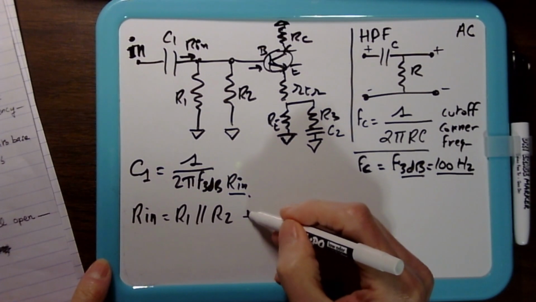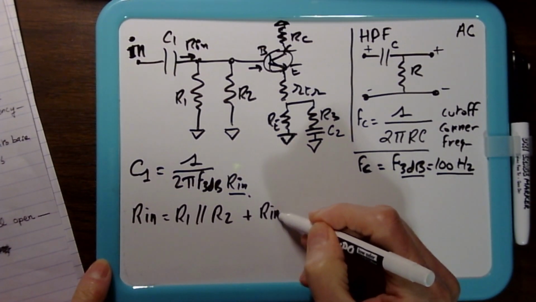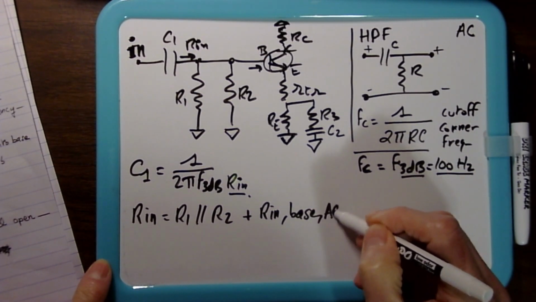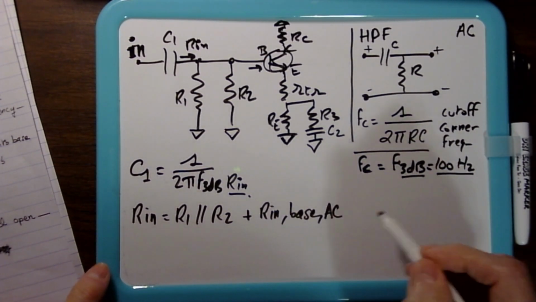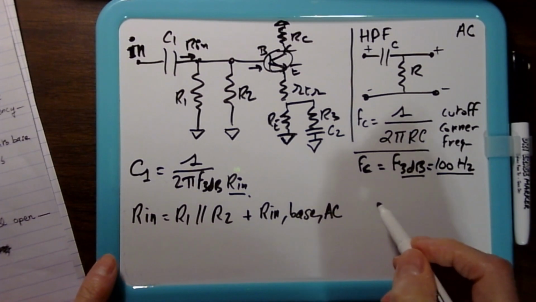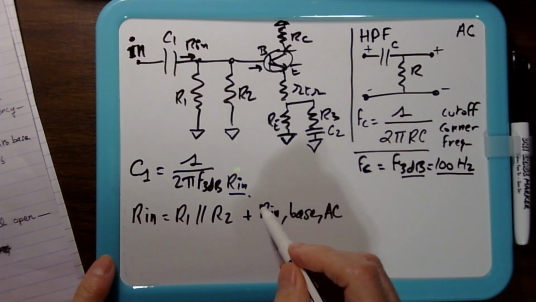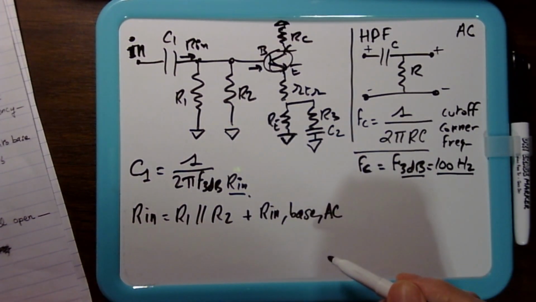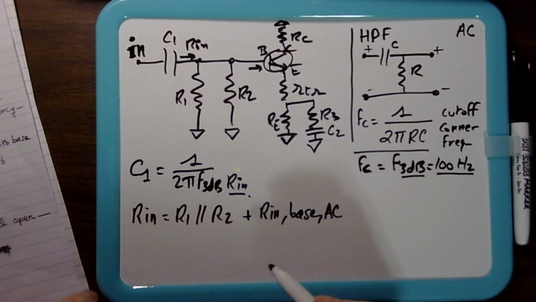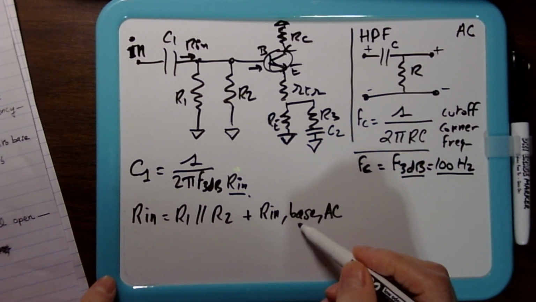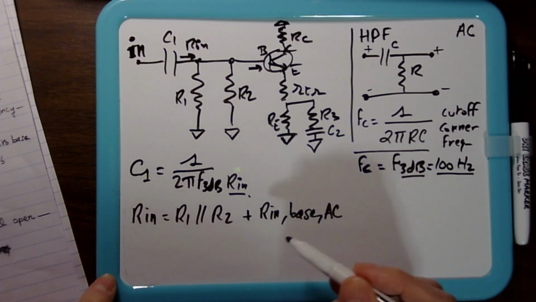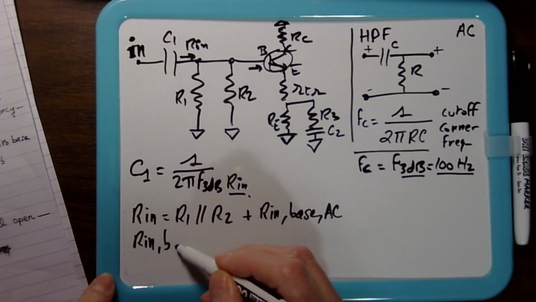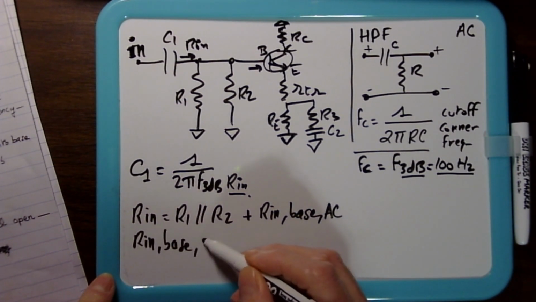So plus R in base AC. That's what they call it in the Practical Electronics for Inventors book. It's this resistance looking into the base.